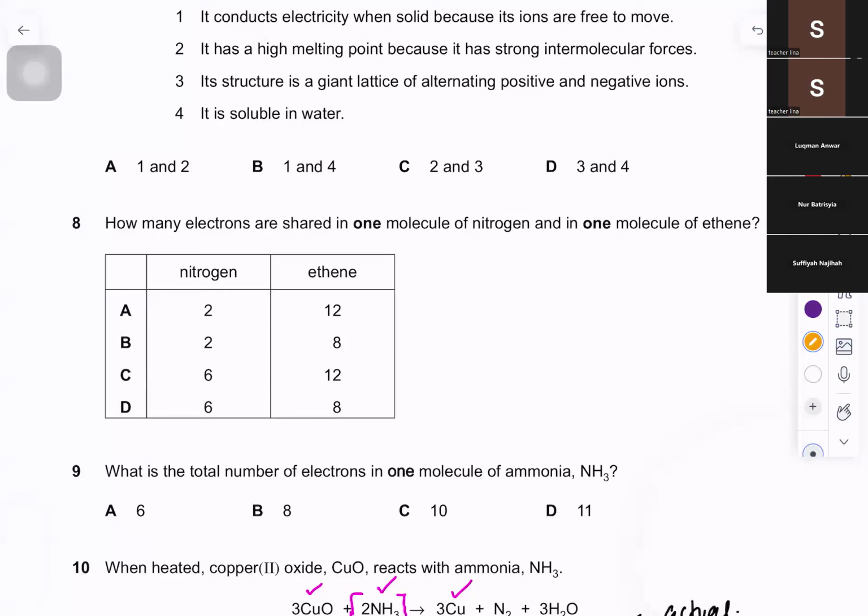How many electrons are shared in 1 molecule of nitrogen and 1 molecule of ethene? So ethene is an alkene, E-N-E. For E-N-E, this one is CnH2n.